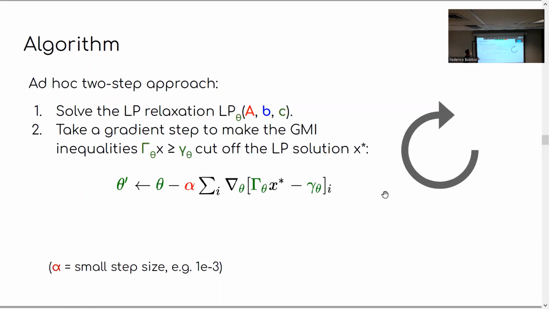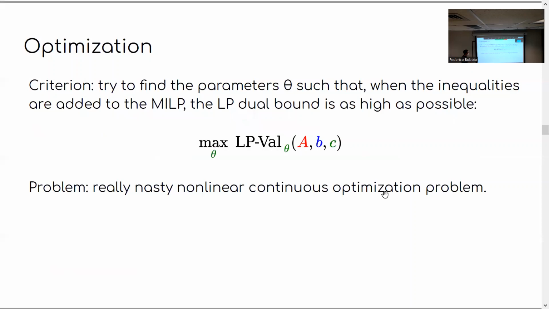For a while, we looked at this and tried to find a way to treat this as literally a continuous optimization problem. And we came up with an interesting algorithm, which is not very pretty. It's pretty ad hoc, and maybe subject to improvement. But at this point, it's an algorithm that sort of works, and it works like this. Say you really wanted to find the parameters that maximize the dual bound. You could do the following.